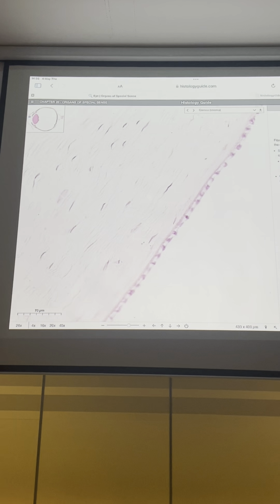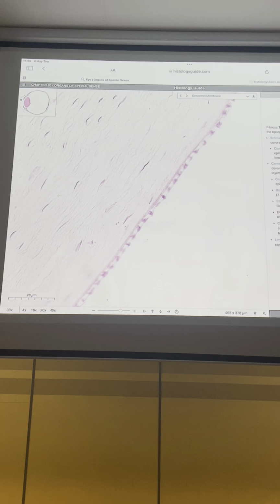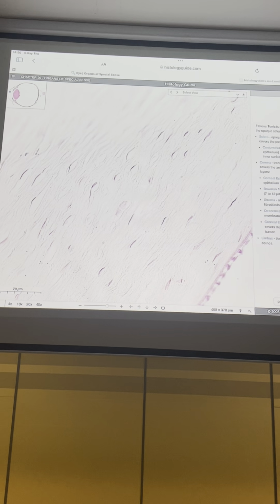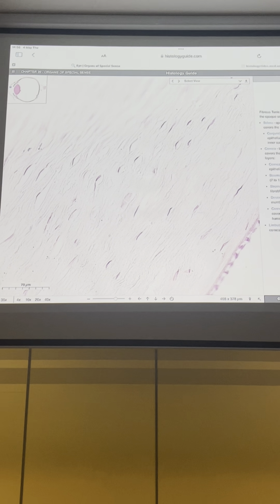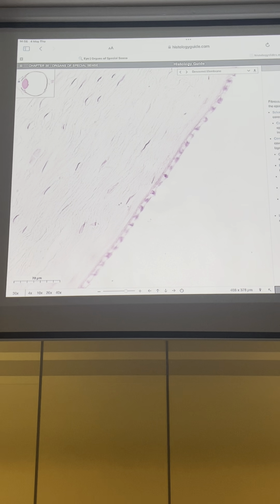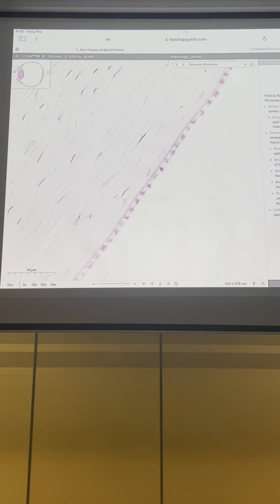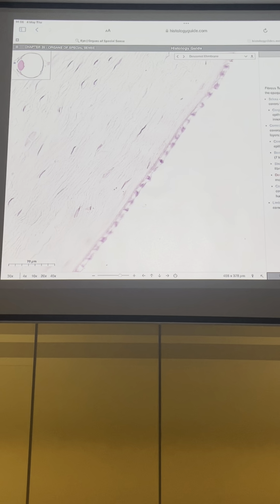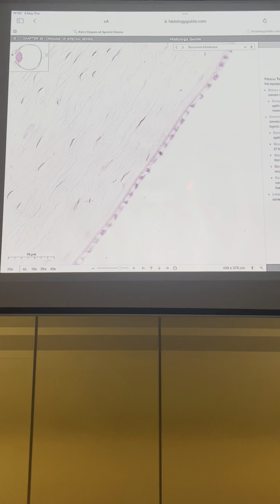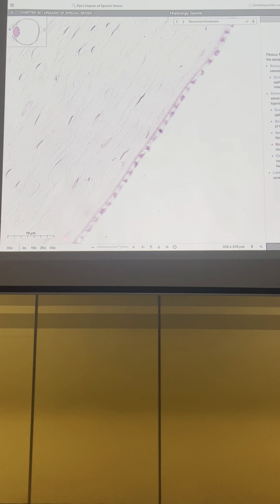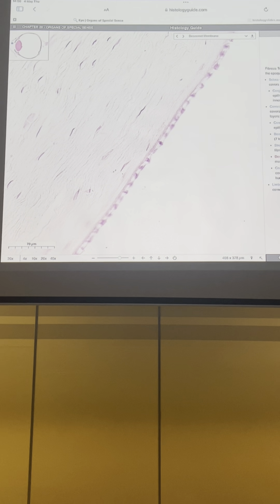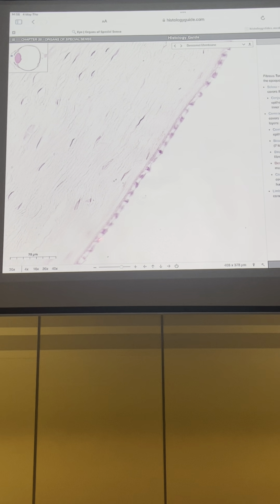What is the type of this connective tissue? Regular or irregular? Regular, dense connective tissue without blood vessels. You cannot see blood vessels in the stroma of the cornea. And on the inner side, we have a simple layer of endothelial cells, generally composed of simple squamous epithelial cells.